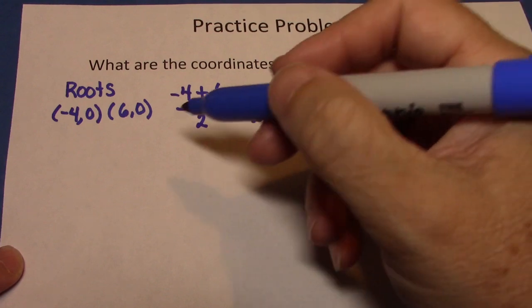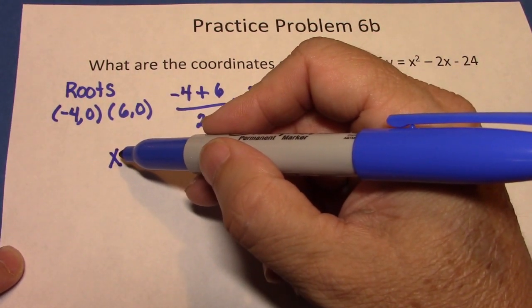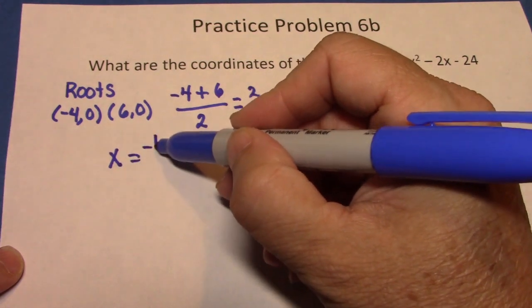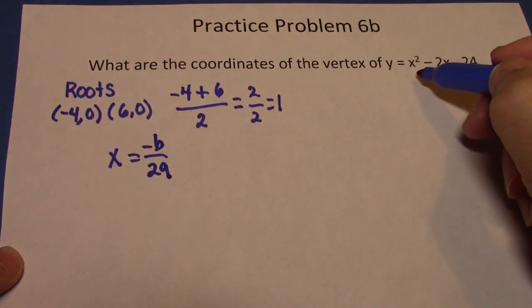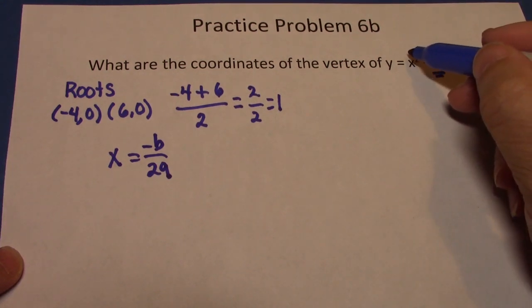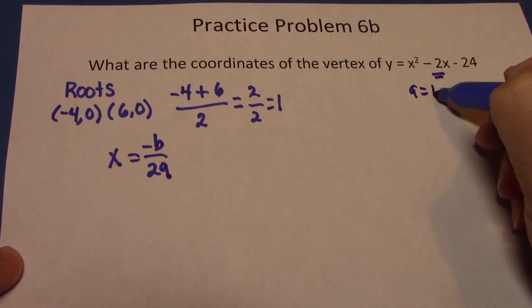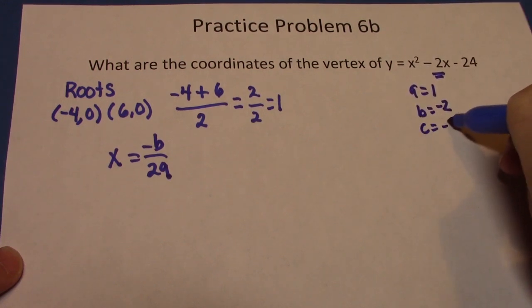The other way to find that, there's a little formula that says x equals negative b over 2a. And that means you have to go back to this equation. A would be 1, B would be negative 2, and C is negative 24.